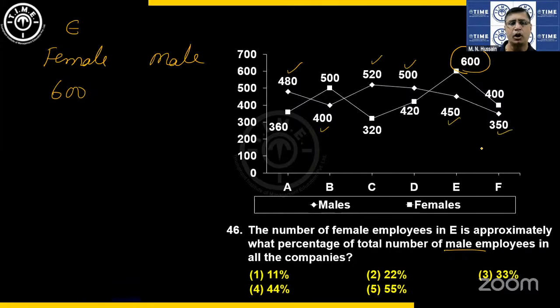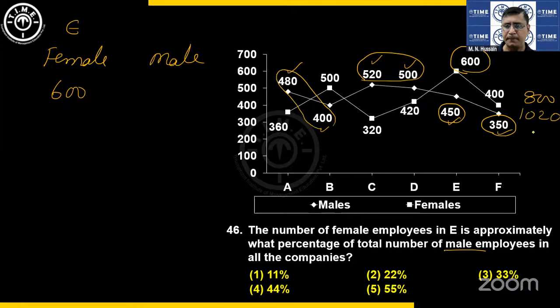Now, how much is the value? 350 and 450, by adding these two, we get 800. And by adding these two, 1020. Sum of these two parts is 880. 800 plus 800, 1600, 1600 plus 1000, 2600 plus 100, 2700. So how many male employees altogether? 2700.